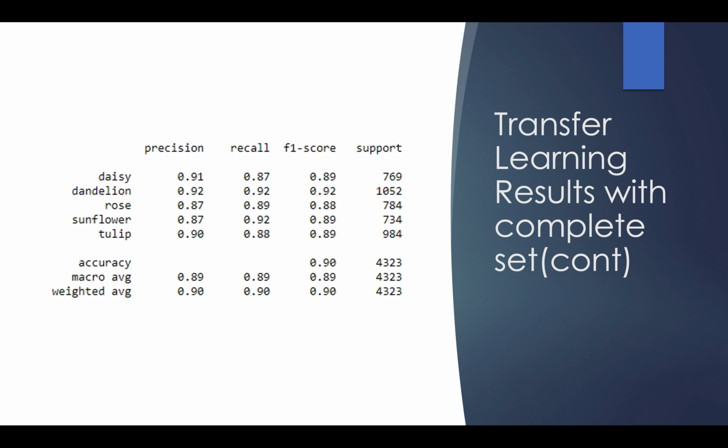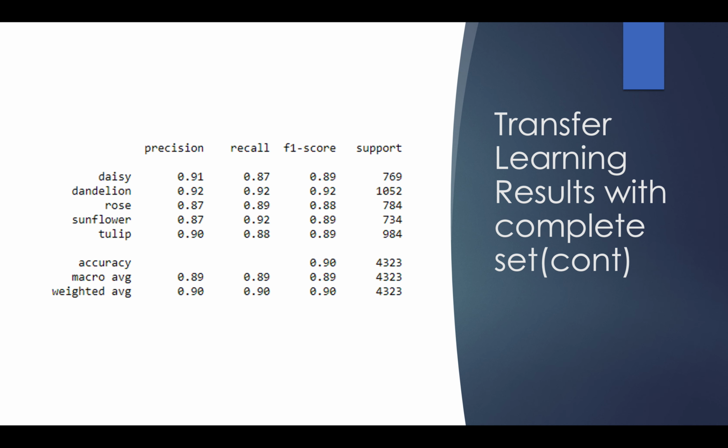Here we can see some statistics and some more detailed performance of our model. We can see the precision and recall of our different classes for our complete set transfer learning model. The recall is basically the sensitivity to that label. Across the board, both of them are quite good, almost in the 90th percentile, except for Daisy and Rose, as we saw earlier.